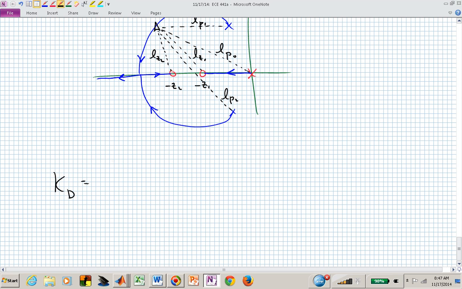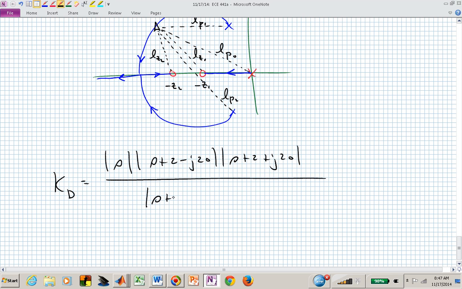Where k sub d is now this expression, this is just the magnitude condition. We have s plus 2 minus j20, s plus 2 plus j20, and we have s plus z1, s plus z sub 2. And we can't forget our constant downstairs.